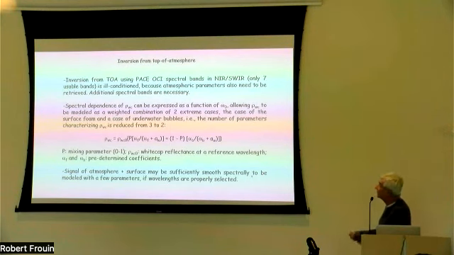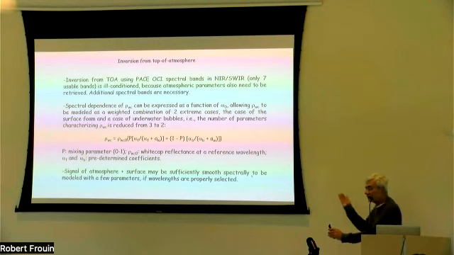And again, as I said here, you have only 7 visible bands, so the inversion is ill-conditioned, so you need more bands. But what you can observe also in this equation of ρB, the reflectance of the underwater layer, is that it depends on the single scattering albedo.